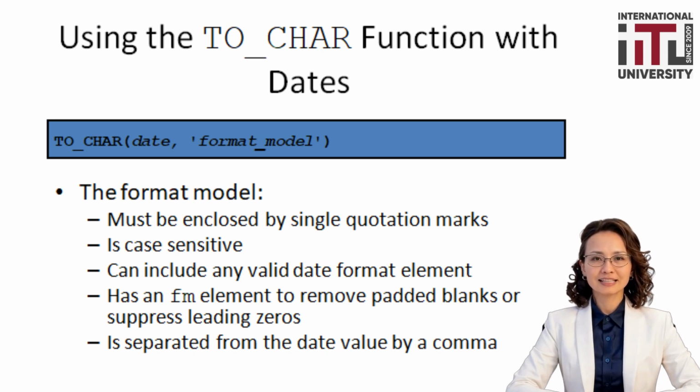It is case sensitive. It can include various date format elements such as year, month, day, etc. The FM modifier can be used to remove extra spaces or leading zeros. The format model is separated from the date value by a comma. Using ToChar with dates is essential for customizing output formats, especially when presenting data in reports or user interfaces.